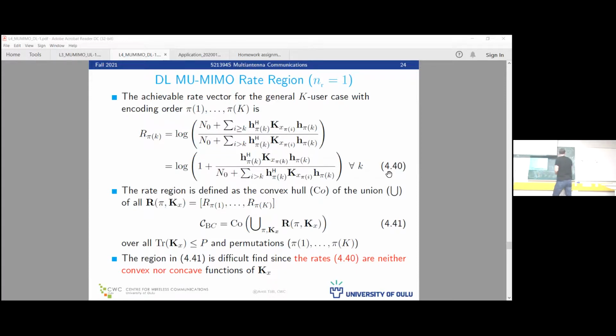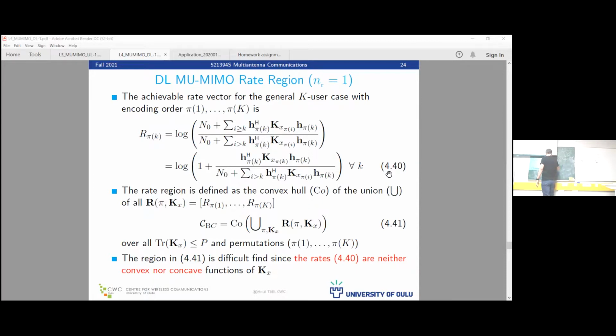Okay, in general, we're interested in the rate expression in the downlink of user K. So now we have the downlink case. Let's say we are interested in, given the interference from users 1 and 3, with one of them removed by DPC, what would be the rate of user 2?